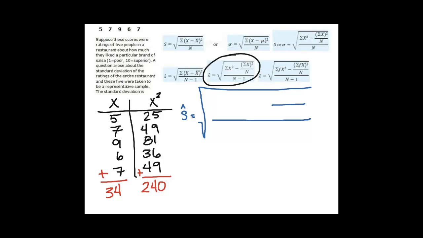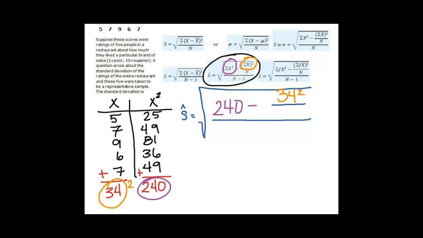All right, I'm ready. So the first sigma term is the sum of the squared terms, so that's 240. And minus the second term on the top has the sum of the observations squared. So the sum of the observations was 34. Now I need to square them. 34 squared goes on top.